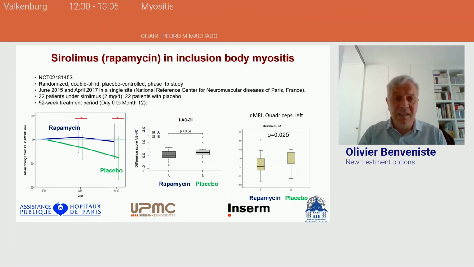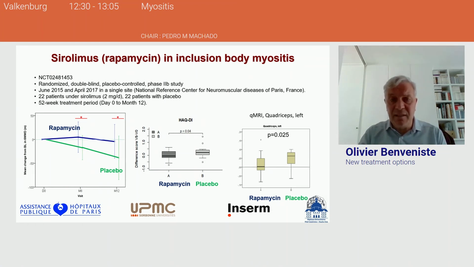For instance, in the 6-minute walking distance, you can see that under rapamycin, the patients remain stable. So it has nothing to do with muscle strength, and you cannot improve the strength of the patients. But in the placebo group, you can see the decline, and the differences are significant.